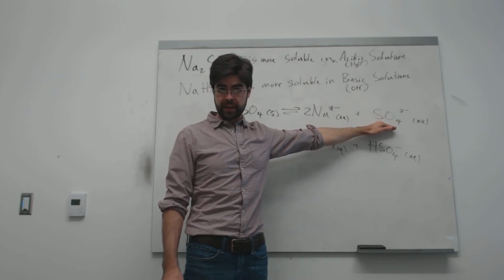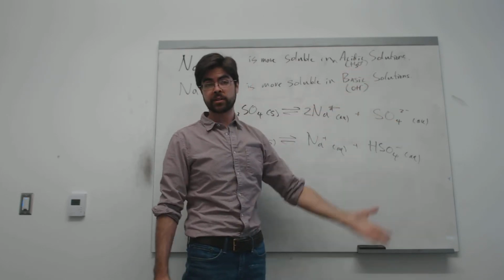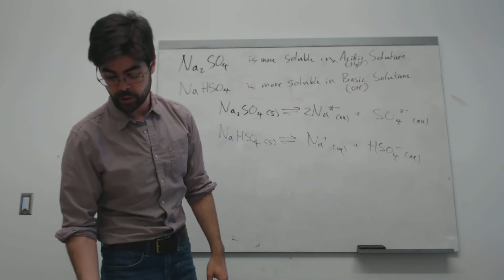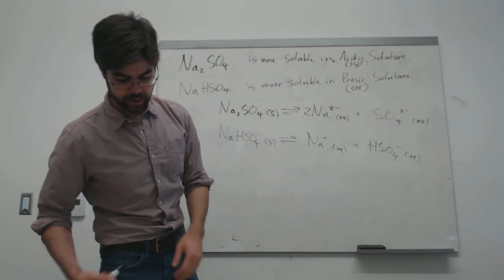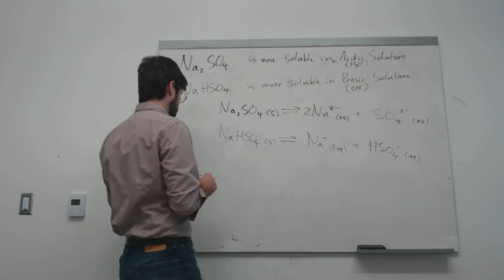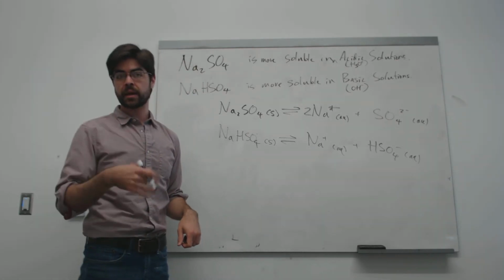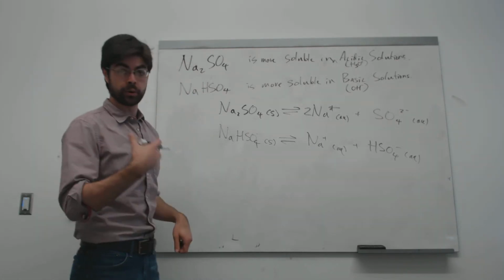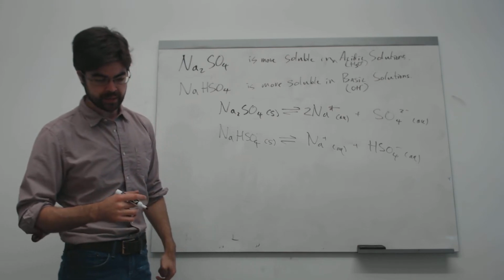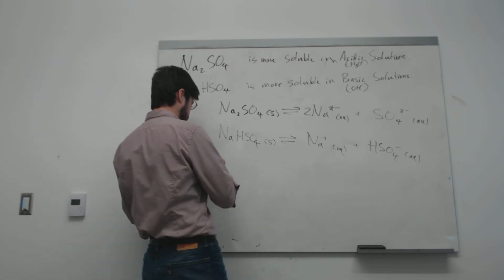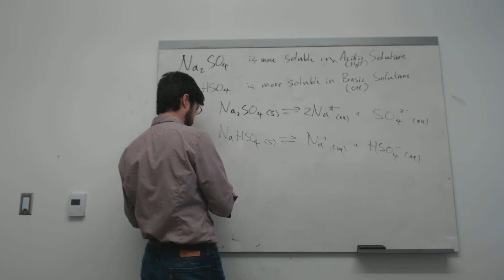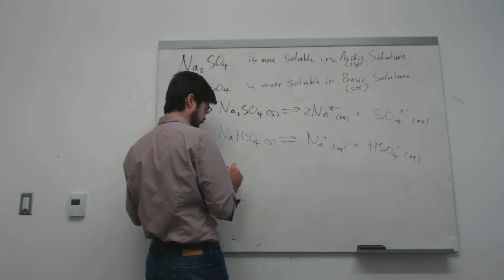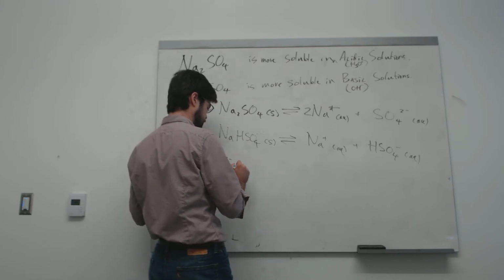Well, the sulfate ion can react with acids. It can react with hydronium because sulfate is the conjugate base of sulfuric acid, or it's one of the conjugate bases of sulfuric acid. So you can get a reaction like this. Actually, I'll do it like this.